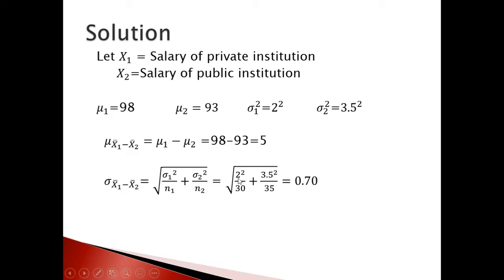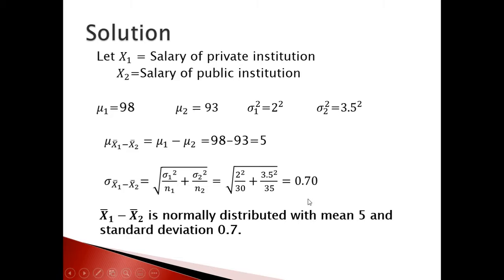Sigma 1 squared is 2 squared, n1 is 30, sigma 2 squared is 3.5 squared, and n2 is 35. So when you simplify this, we get 0.7. So the standard deviation of x1 bar minus x2 bar is 0.7. We can collect these two values and say that x1 bar minus x2 bar is normally distributed with mean 5 and standard deviation 0.7. So this is the answer for this question.